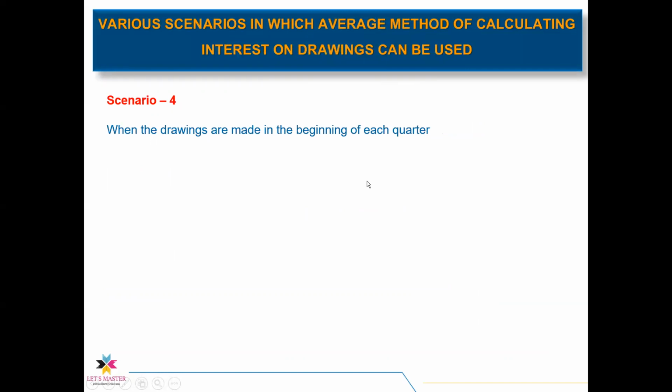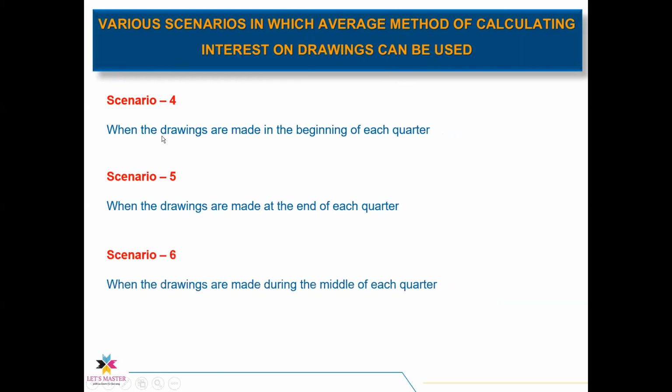Then there can be three scenarios for quarterly drawings, and those three scenarios are the same: when the drawings are made at the beginning of each quarter, at the end of each quarter, or during the middle of each quarter.